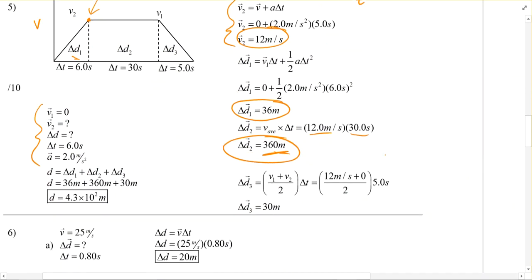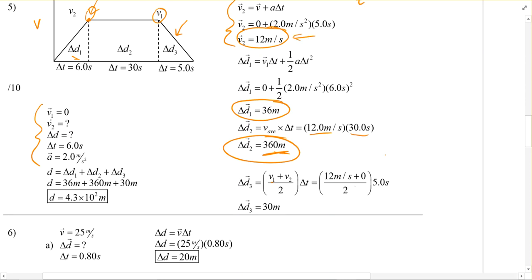And then for the last part we had to use a different formula, because we don't actually know what the acceleration was on that part of the graph. But we do know that the initial velocity here is the same as the velocity we just found. So it's 12.